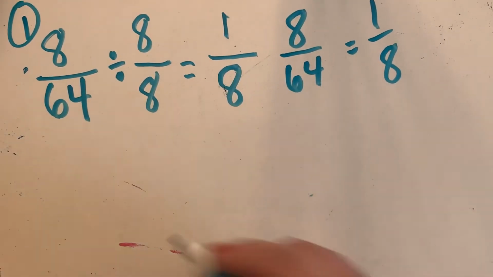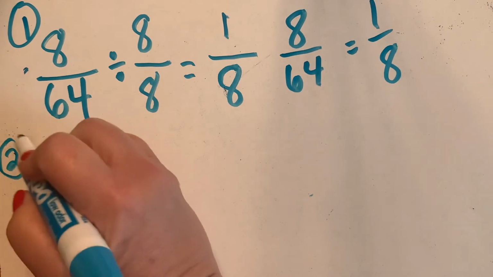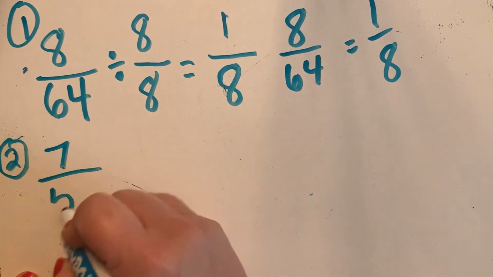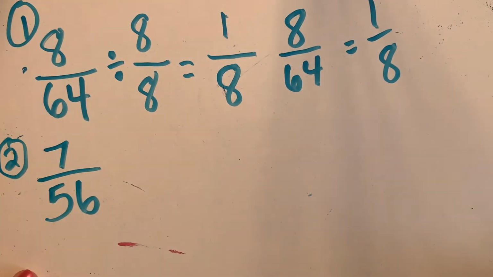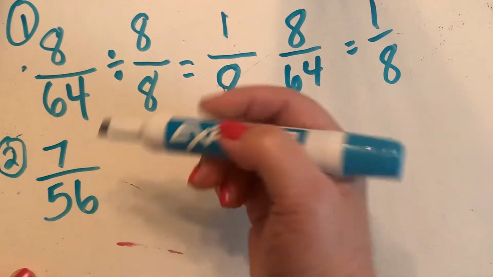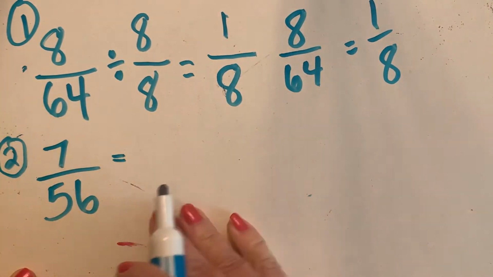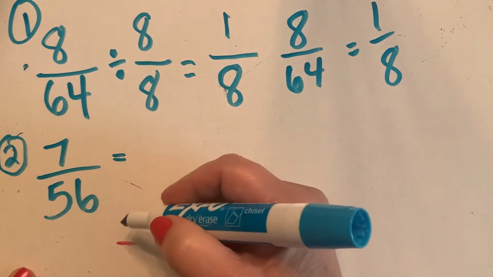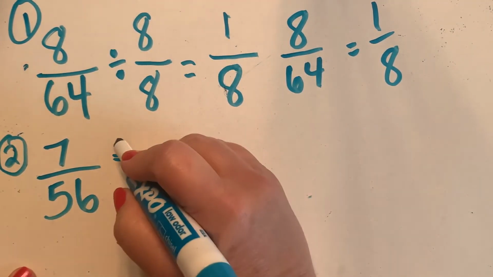Okay, now let's look at number 2. Number 2 is 7/56, or 7 over 56. Ask yourself, will the numerator go into the denominator? We're thinking about our 7s, and we know what they are. Yes, 7 times what is 56?